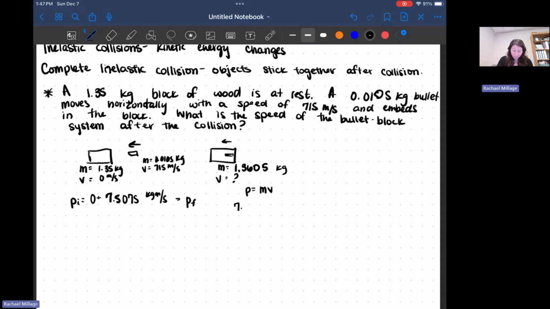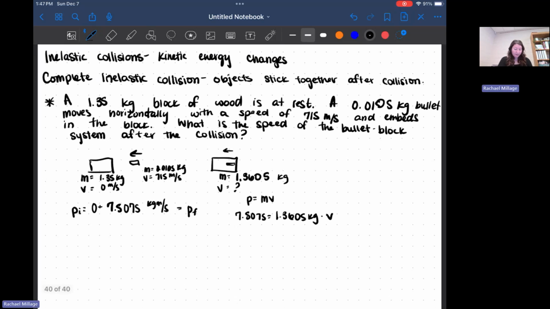So 7.5075 equals my mass of 1.3605 kilograms times my velocity. My final velocity is 7.5075 divided by 1.3605. Looking at sig figs, it's going to be 3 sig figs, so 5.52 meters per second. Okay, so that's an example of a completely inelastic collision.